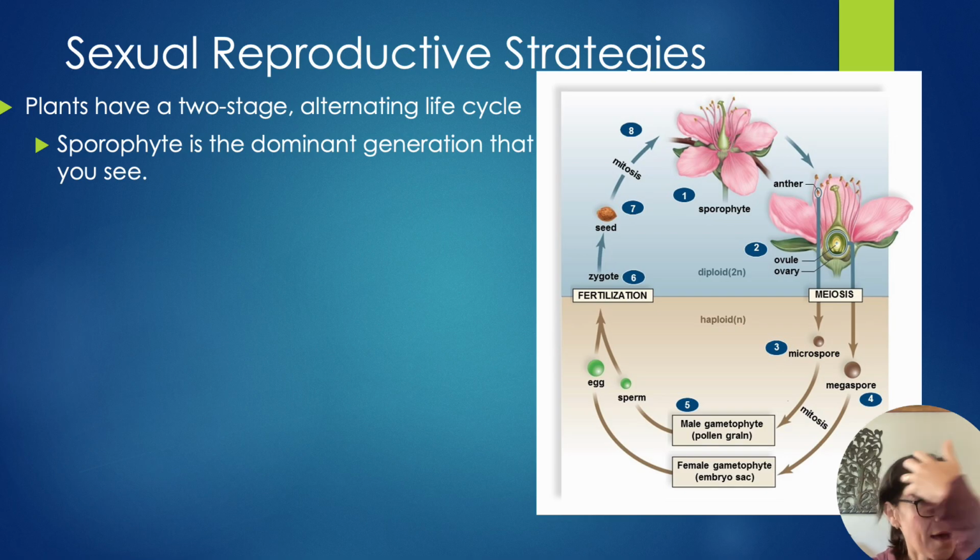All right, and that's called the gametophyte generation. And then the diploid is the sporophyte generation. And usually the sporophytes produce spores via meiosis, which forms into the gametophyte via mitosis.